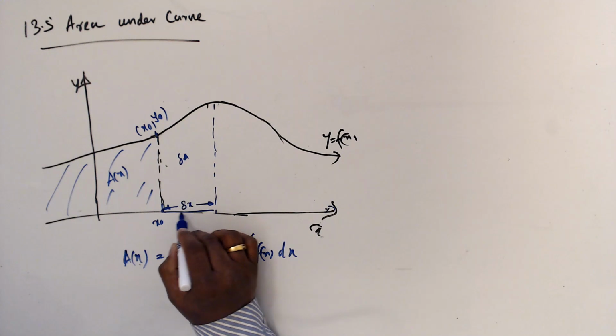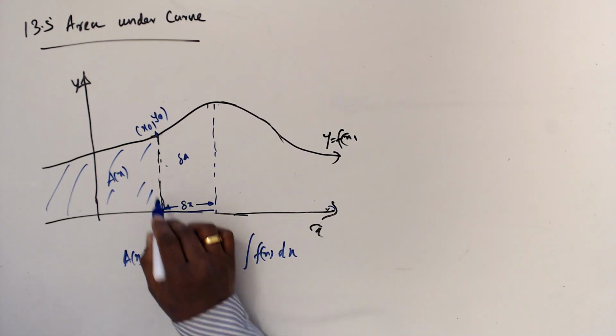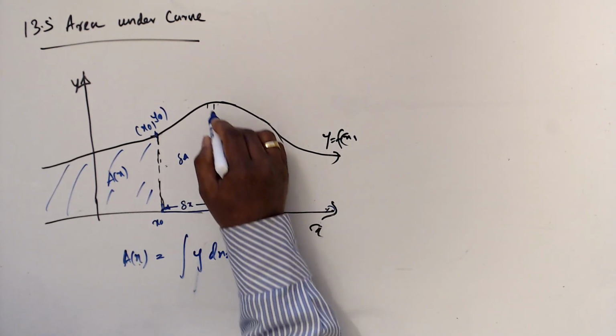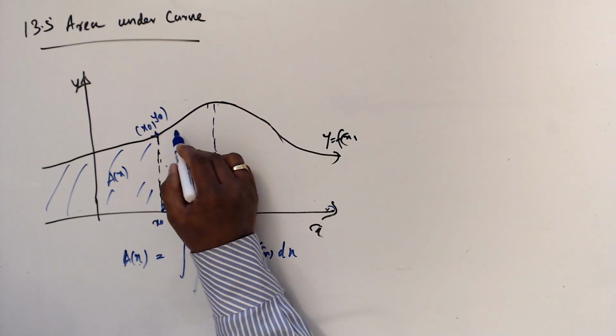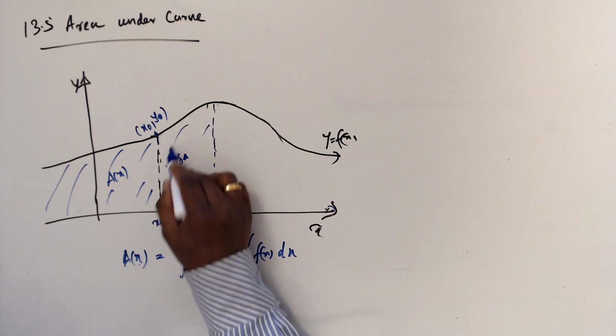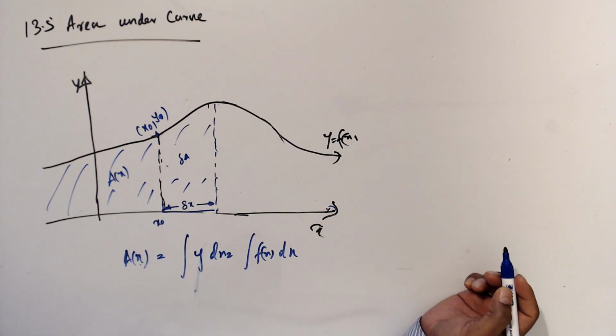A small x distance, we shift this boundary up to here. As a result, we are getting delta A, this area, and this distance is delta x.